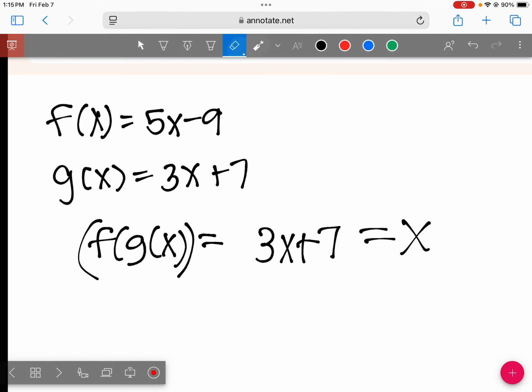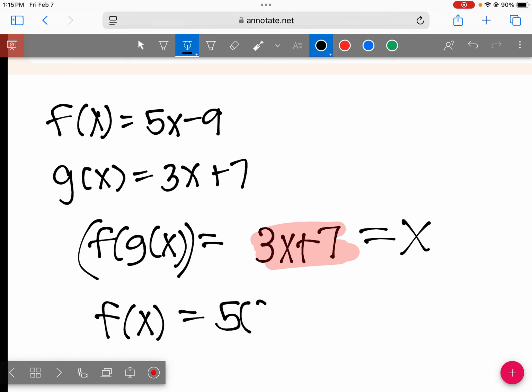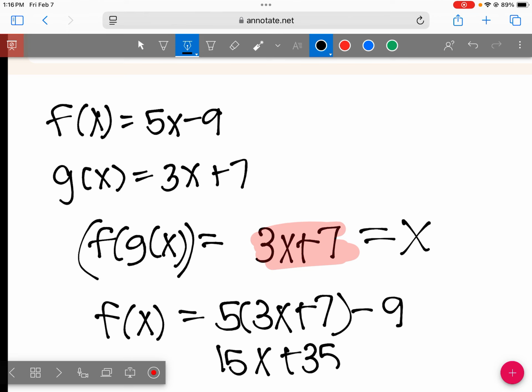This entire thing is our new x. So then when we go to plug it into our f, we have 5 times 3x plus 7 minus 9. Do we all remember that now that I went through it? And then you would do your adding and subtracting, your whole big thing.